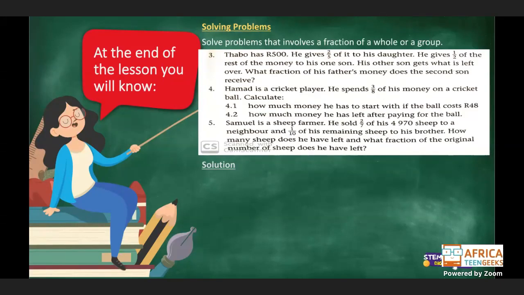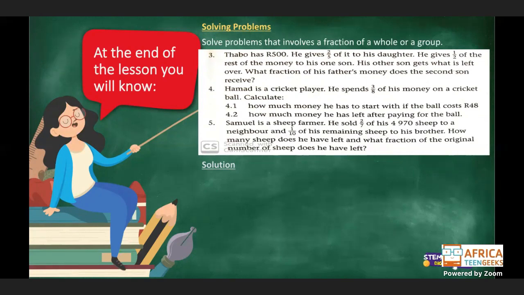So basically this person has his money in total, the fraction of his total money is 8/8, right? But he spends 3/8 of his money on his cricket ball. So 5/8 of his money, we don't know what it is.